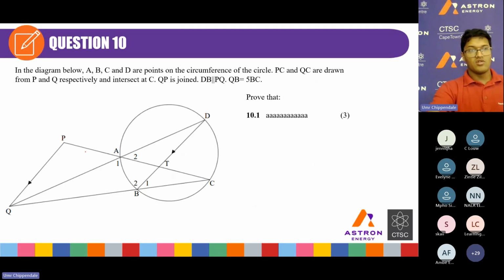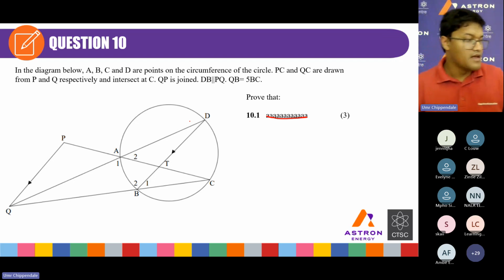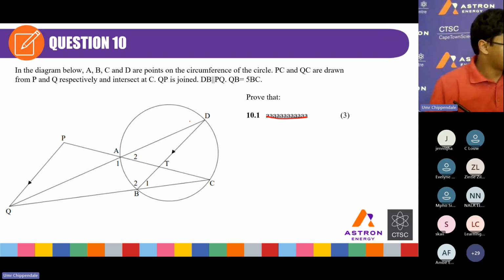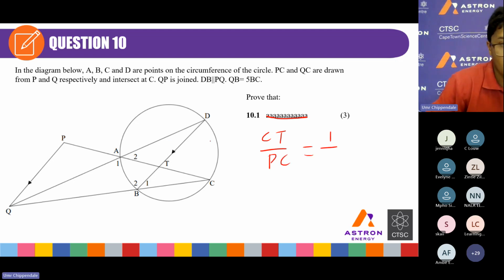Okay, now moving on to the last question. I know you just see that over there. That is just because that's where the question is going to be left over. So we're going to have that. Now, question 10. Here we go. 10.1. That's supposed to say CT over PC is equal to 1 over 6, and we must prove that CT over PC is equal to 1 over 6.